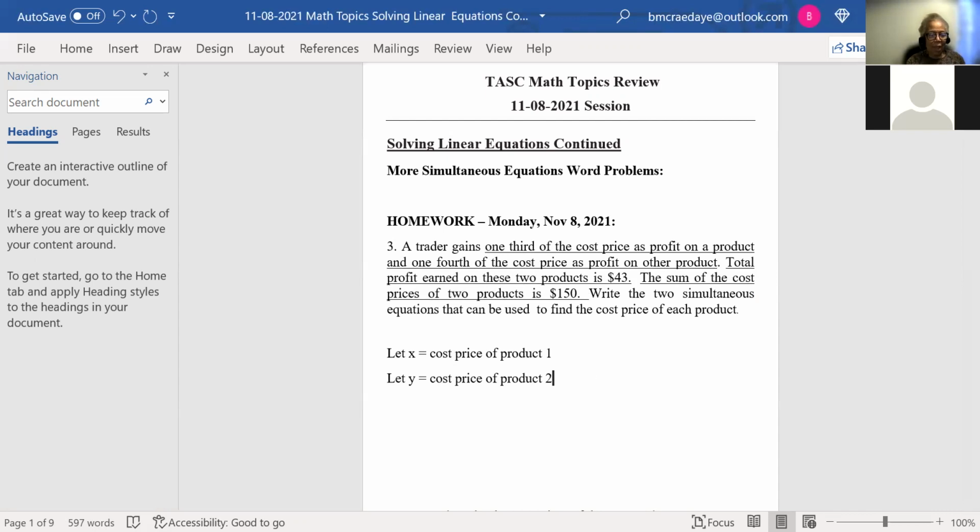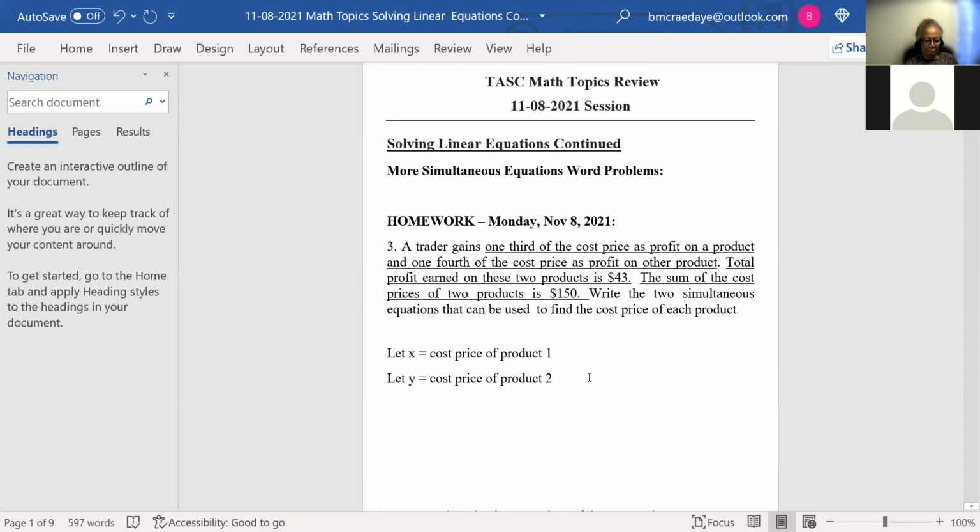$150. So what equation can I write to show that, Maureen? If X is the cost price of product 1, Y is the cost price of product 2, what equation can I write to show that the sum of those 2 cost prices is $150?